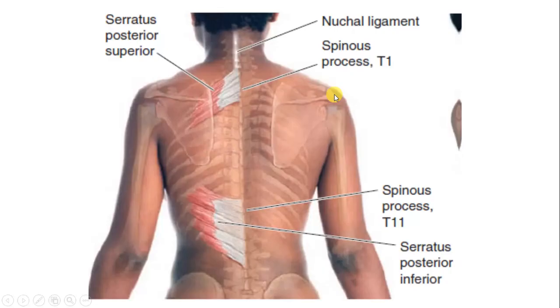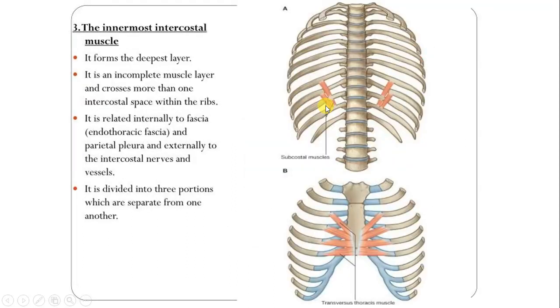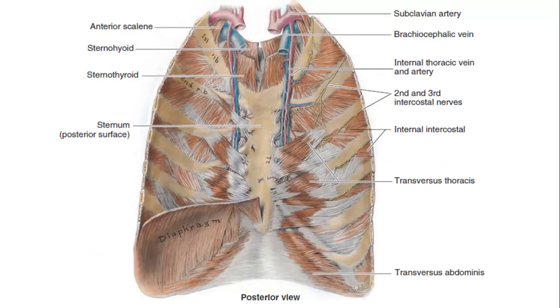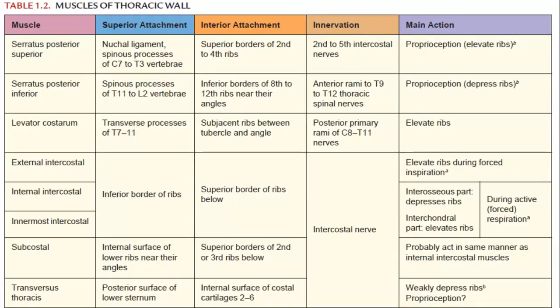In the further lectures, we will see the attachment of the intercostal muscles and their actions, how they act, and then we will see the diaphragm in the next lecture.